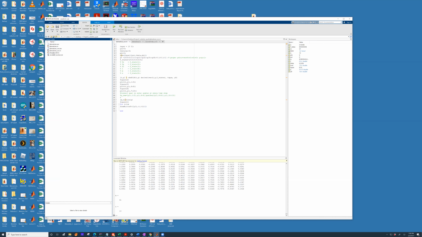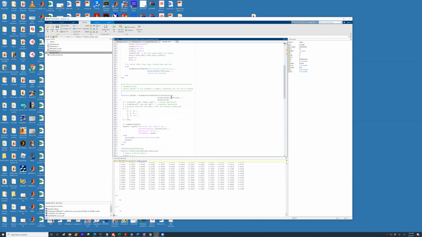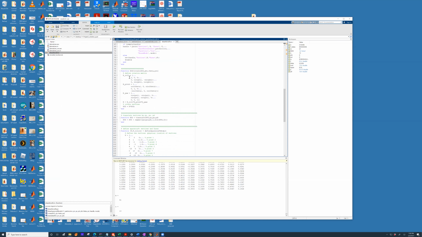If you go to draw aircraft.m, look at the rotation matrix that we are getting. Our rotation matrix here is constructed in terms of Euler angles. What I would do is I would take the values of E0, E1, E2, and E3 at every time instant.